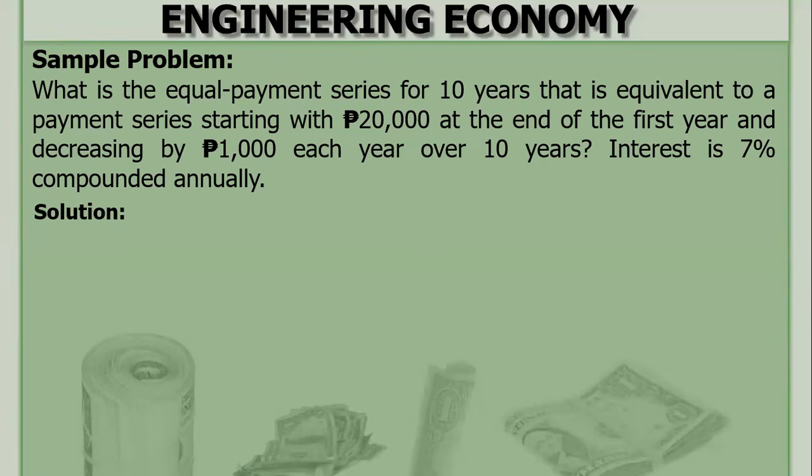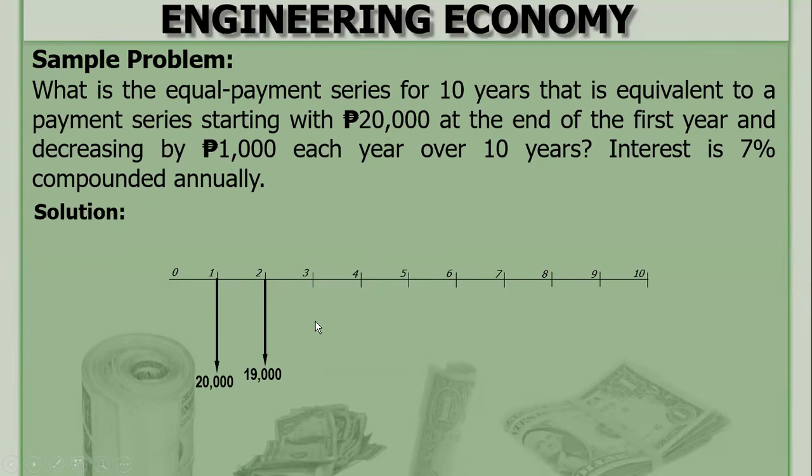Interest is 7% compounded annually. Okay. So for 10 years, we have this. The original cash flow is this. 20,000 at the end of the first year, and then it decreases by 1,000 each year.